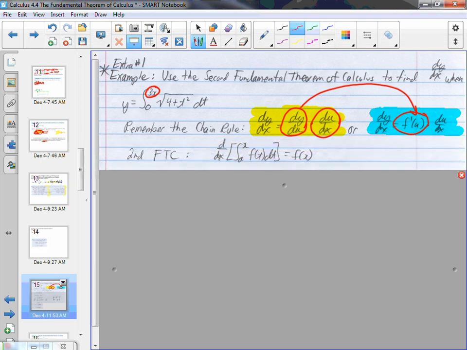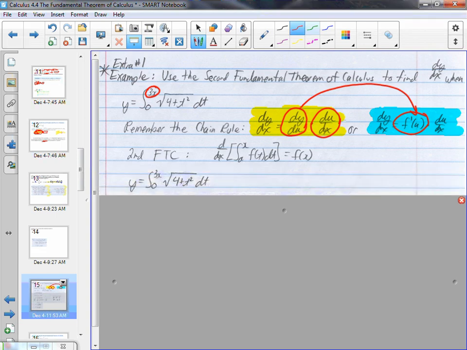All right, now, I copied it down again so we'd have it fresh in our minds. The second fundamental theorem of calculus says that the derivative with respect to x of the integral from a to x of f of t dt equals f of x. Now, let's apply all of this, the second fundamental theorem of calculus and the chain rule, to our problem. So, y equals the integral from 0 to 3x of the square root of 4 plus t squared dt.